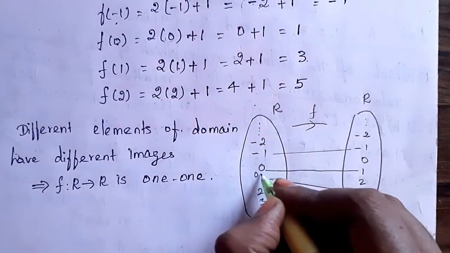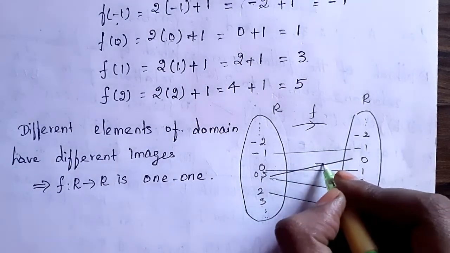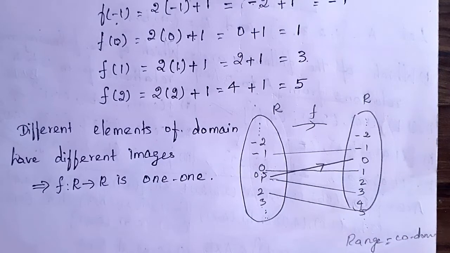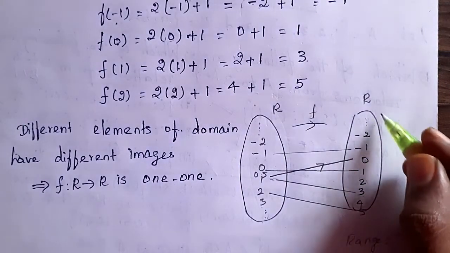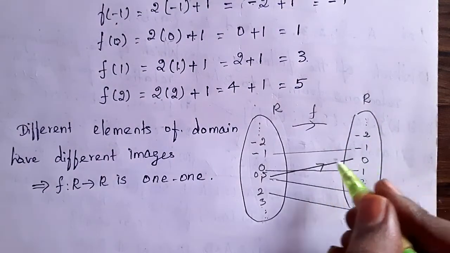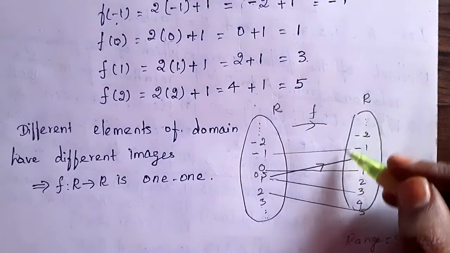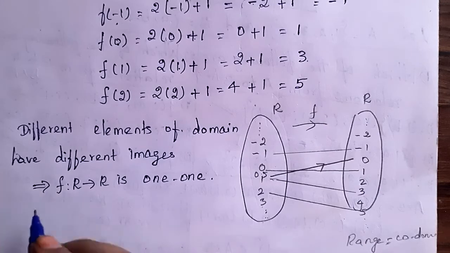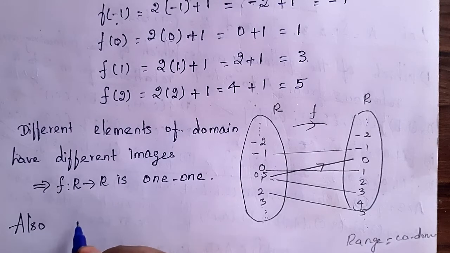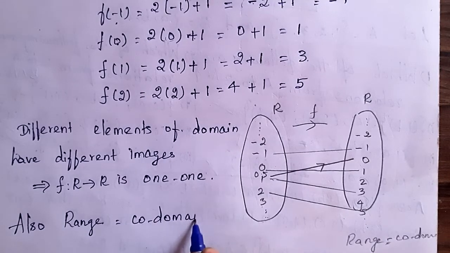So if 0.5 will be here, the 0.5 will be mapping to 0. Whenever you take any number from codomain, definitely it will have pre-image. So all the numbers are range in this domain. So definitely you can say range equal to codomain.